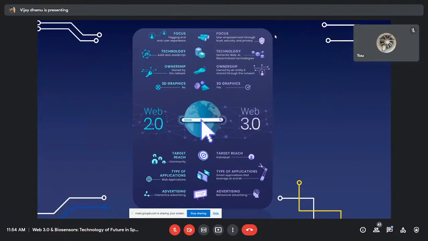It will be accessed only by that particular person, so the ownership will be individual based. And in Web 2.0, the 3D graphics and all those things were not found. In Web 3.0, this is one of the main things that separates Web 2.0 from 3.0.